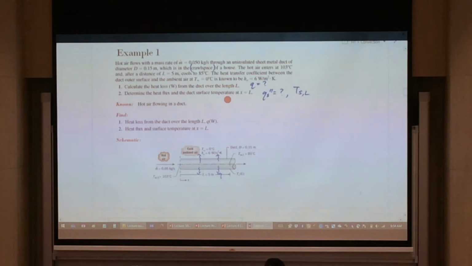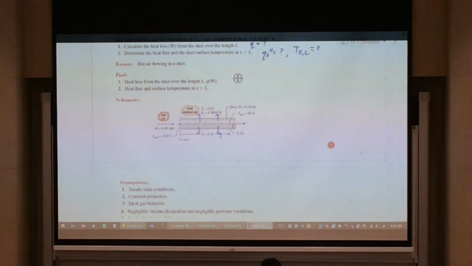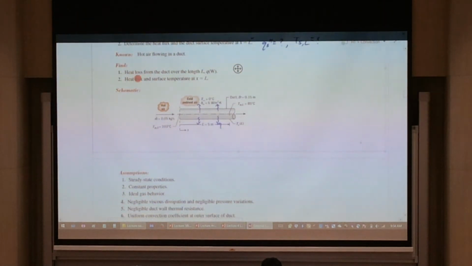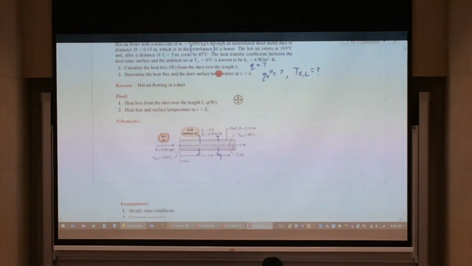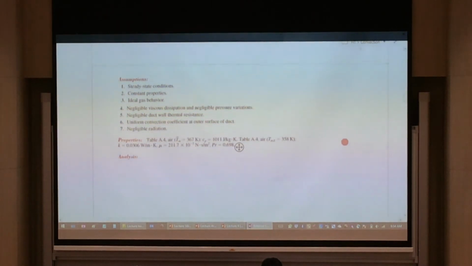And L over here is 5 meters. So those are the questions. The notes actually included some of this, telling you what to find out. So normally what I do is that when I look at the question, I'll try to have some of these symbols outlined so that it helps me. Some assumptions over here.